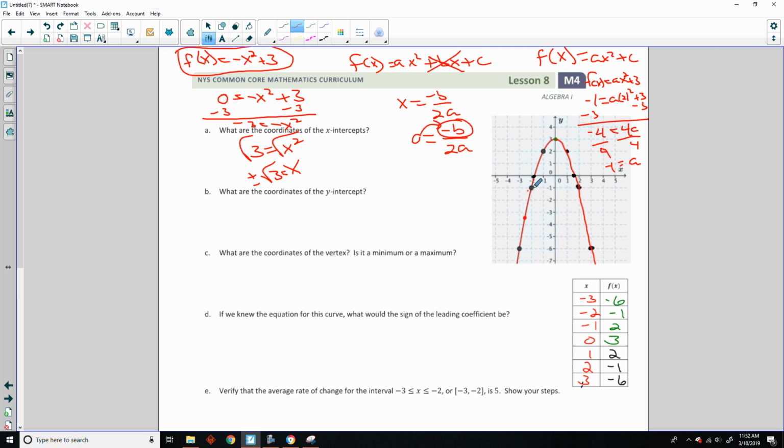So this value right here is the square root of 3, comma, something. And then the other point is the negative square root of 3, comma, something. So the coordinates of the x-intercepts are square root of 3, comma, 0, and negative square root of 3, comma, 0.